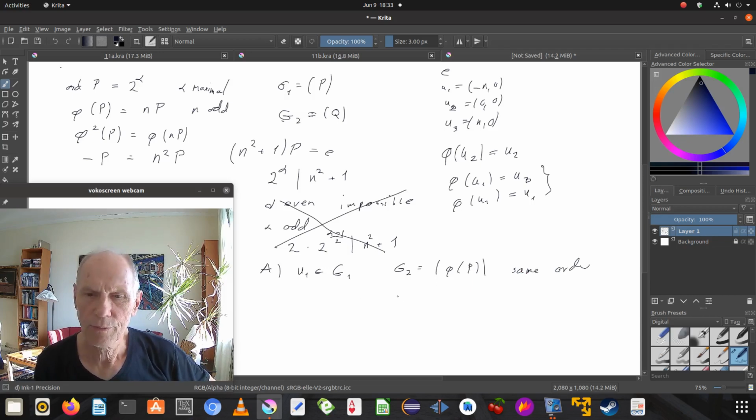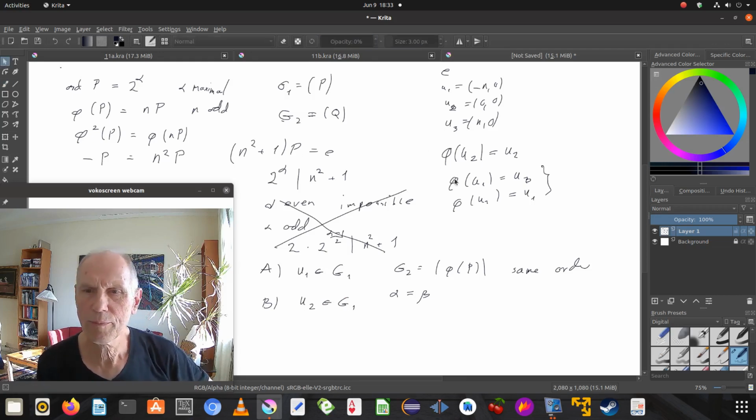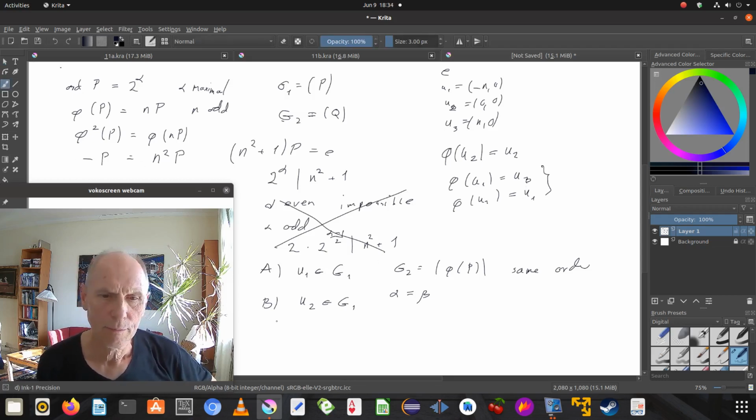That leads to alpha equals beta, and the same holds for U2 element in G. And the reason for that is that U2 and U3 map to a different element of order 2. So we have, if it's that was O3, of course.